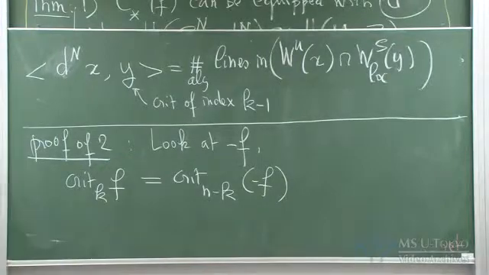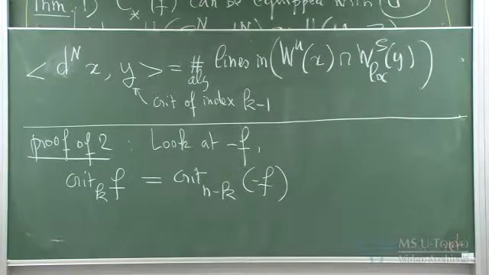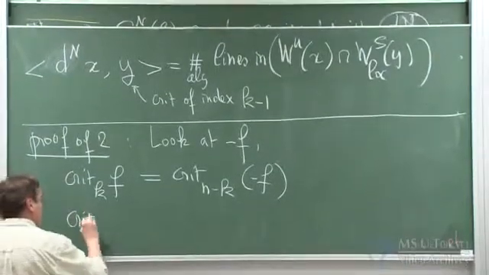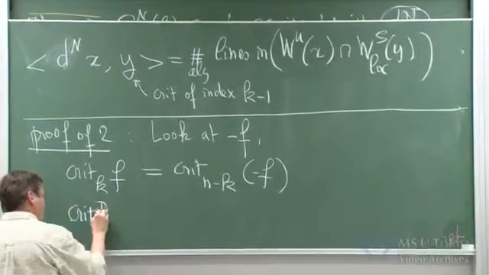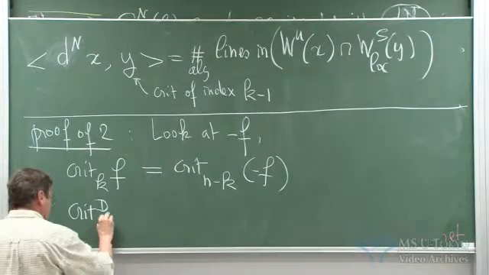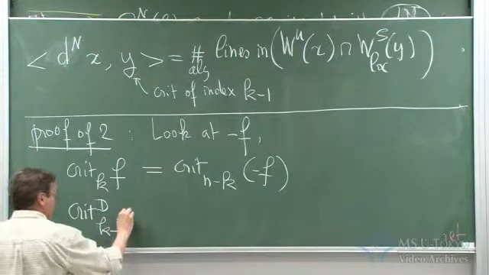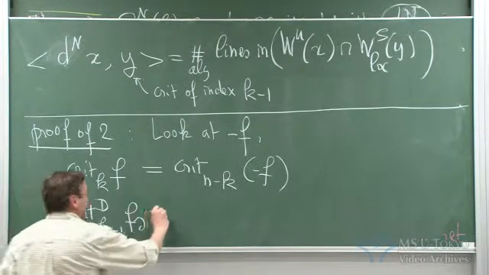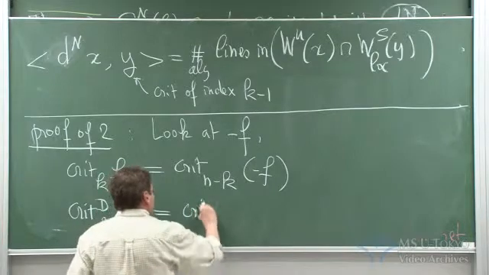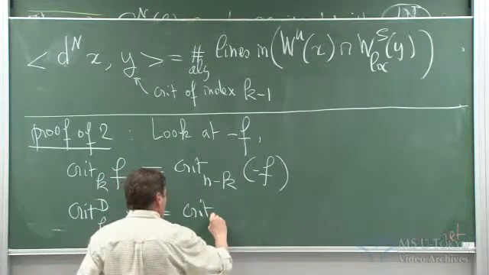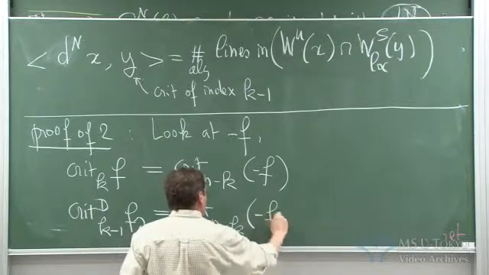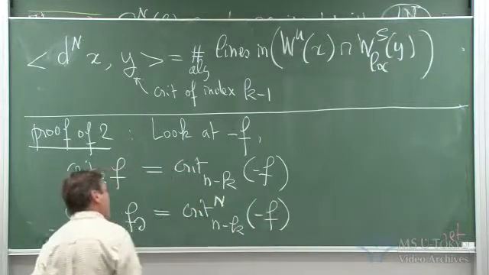That's for the points in the interior. And the critical points of type Dirichlet and index k minus 1 of the restriction to the boundary are the critical points of index n minus k of minus f and type Neumann.